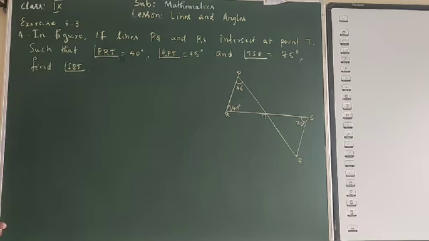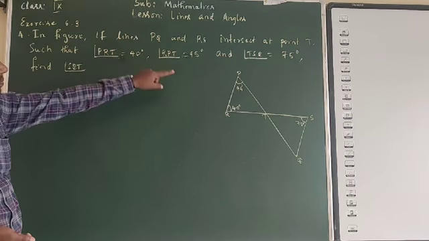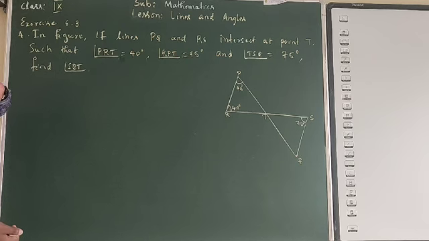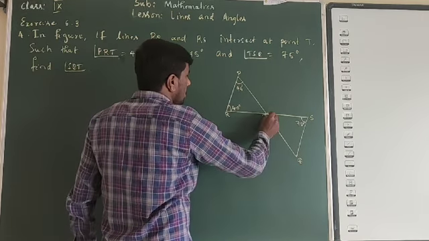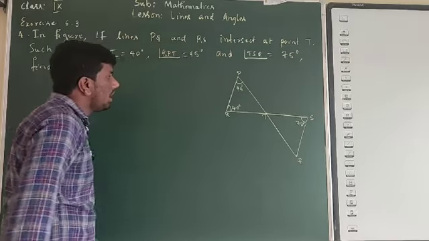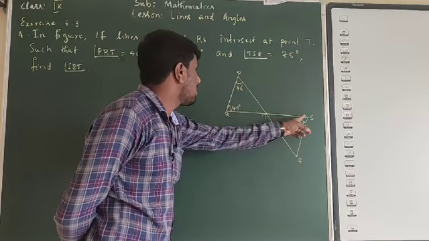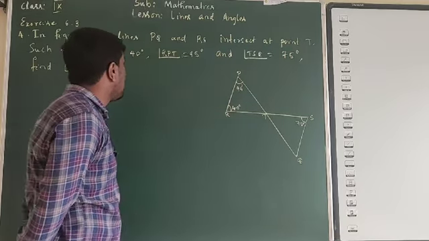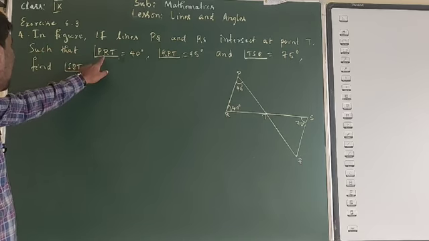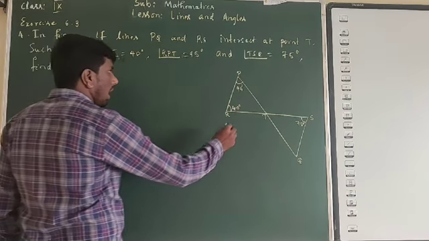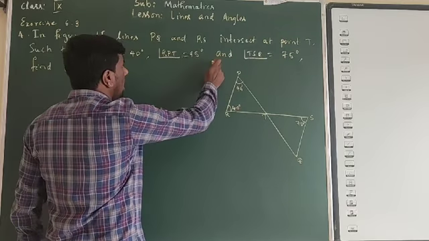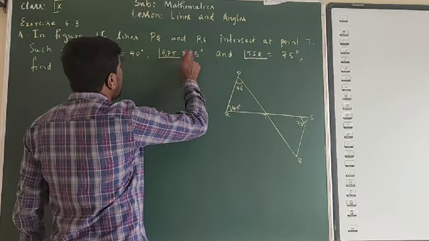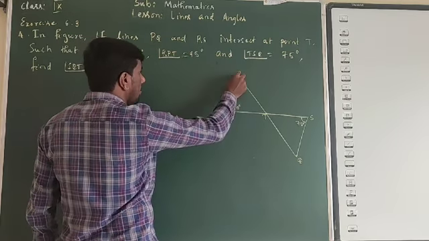Now the fourth one. In the figure, lines PQ and RS intersect at point T. PQ is a line, RS is another line, and both intersect at point T such that angle PRT is equal to 40 degrees, and RPT is equal to 95 degrees.